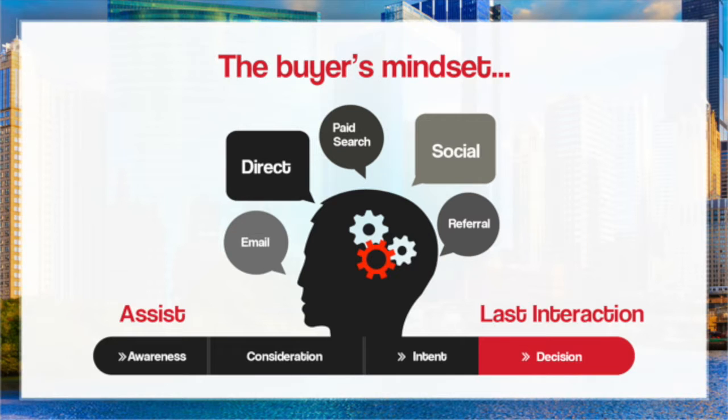In order to get them to make a decision, now, that really gets out of the digital realm, and you start getting into personality, people, being able to rely and count on your staff, whoever's representing your company. Do they have the ability to make sure that you stay a consideration? That, again, you understand what the consumer's needs are, and that you're addressing their needs for a solution versus selling a product. And do you have the ability to move them forward to get them to make a decision?